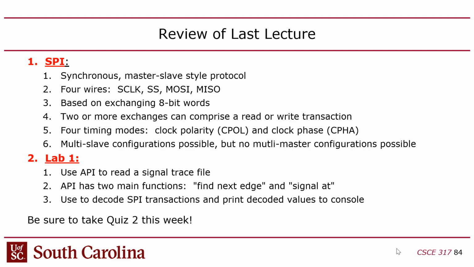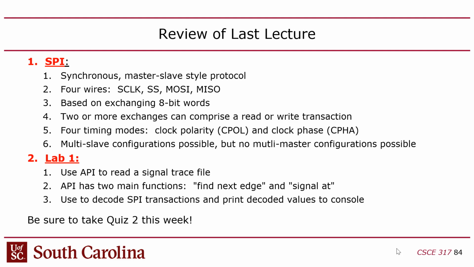The API is very simple. It basically just has two functions in it. Essentially, there's a function that initializes things and frees up the memory, but when you're using it, there's really just two functions: find next edge and give me the signal at a certain time.